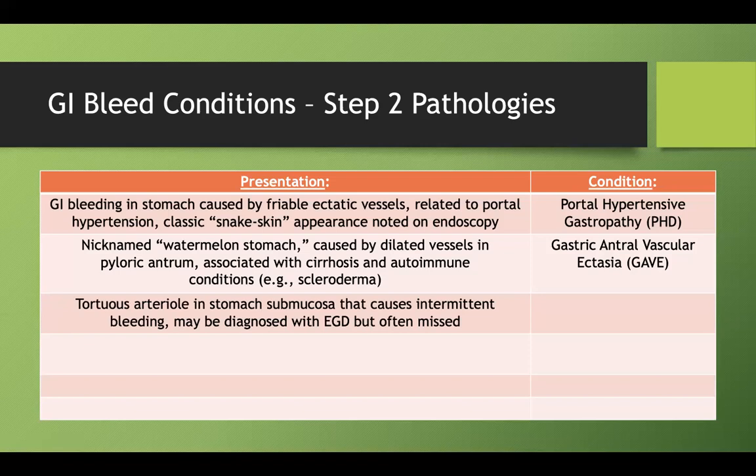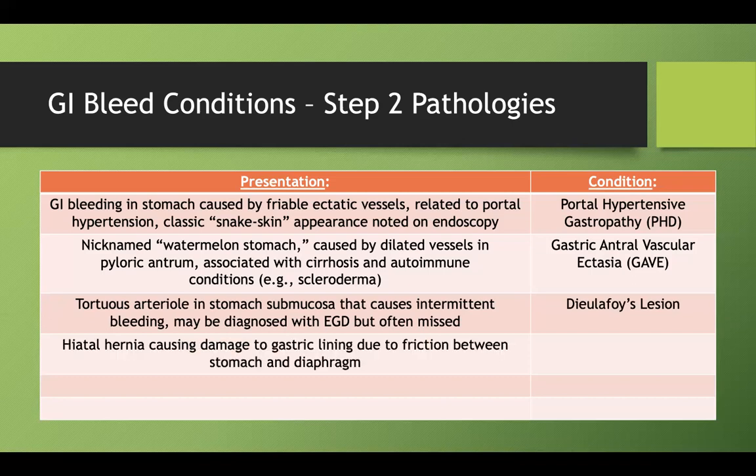What if you found a disease typified by a tortuous arteriole in your stomach submucosa that intermittently bleeds? It can be diagnosed on endoscopy, but it's often missed because it'll bleed and then it can heal up before you even do the EGD, so it's very hard to catch sometimes. This is called Dieulafoy's lesion.